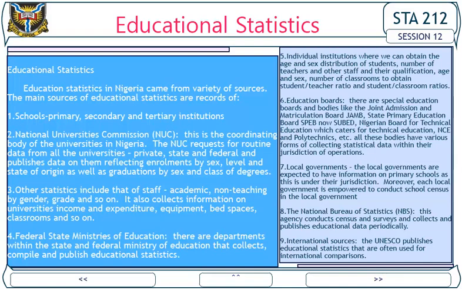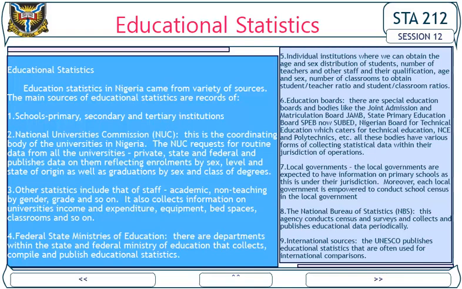5. Individual institutions, where we can obtain the age and sex distribution of students, number of teachers and other staff and their qualification, age and sex, number of classrooms to obtain student-teacher ratio and student-classroom ratio. 6. Education boards.